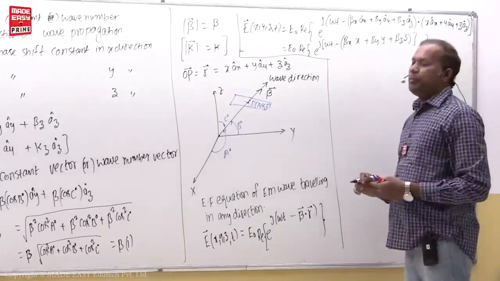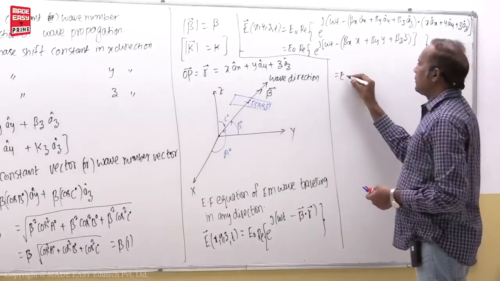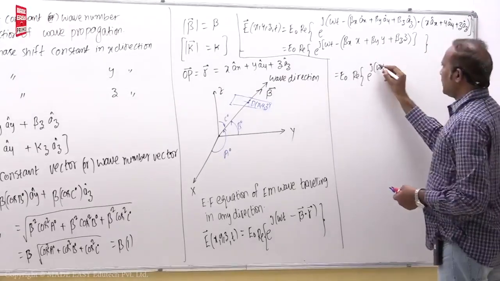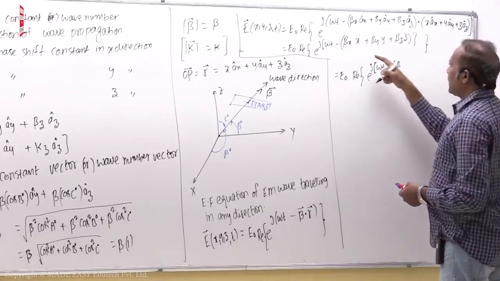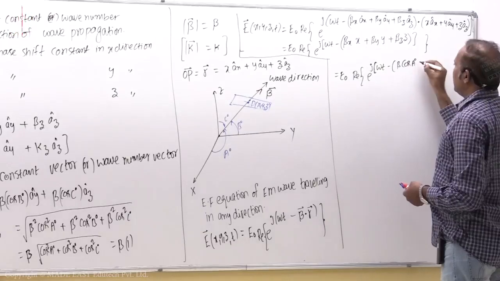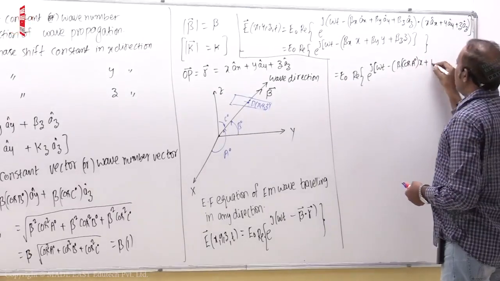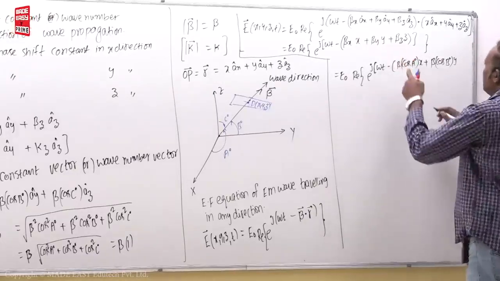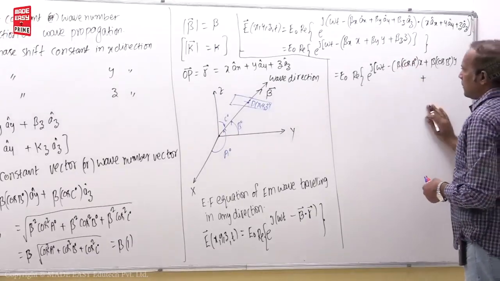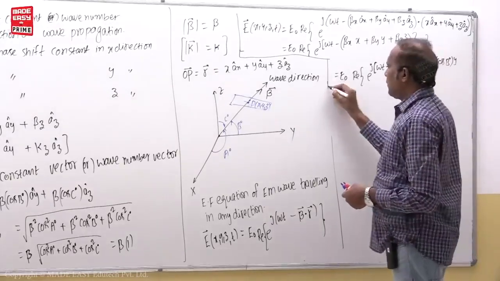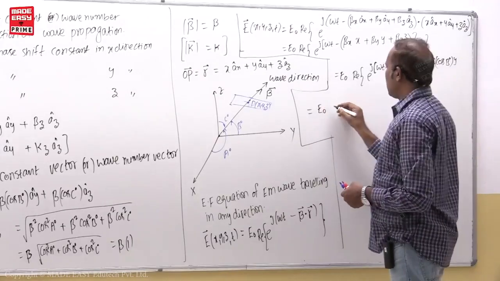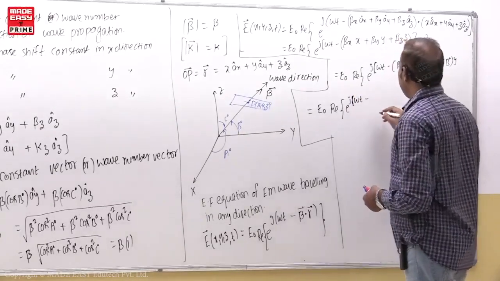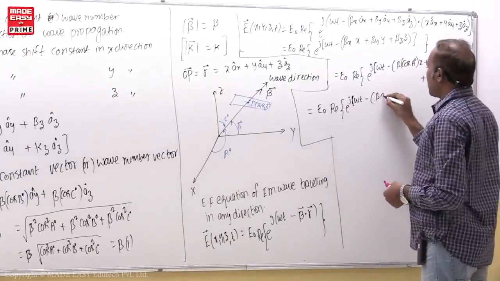Now ultimately beta x is beta cos a degrees, right? So that is equal to E naught real part of e power j omega t minus, beta x is beta cos a degrees into x plus beta cos b degrees into y, plus beta cos c degrees into z.